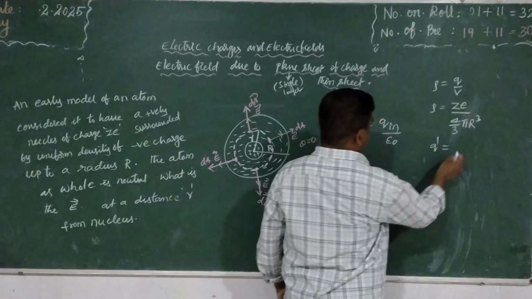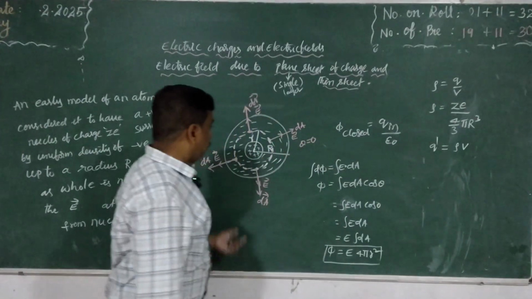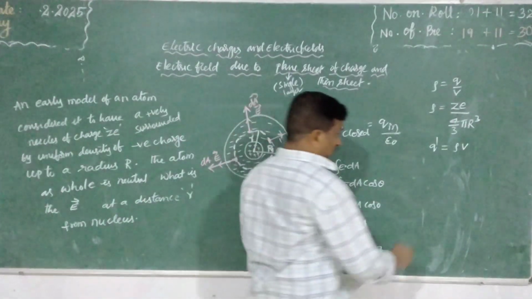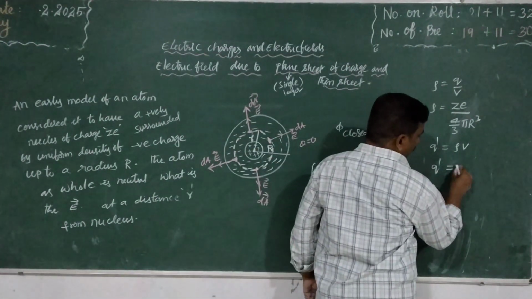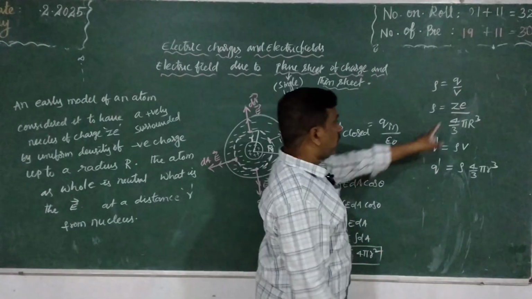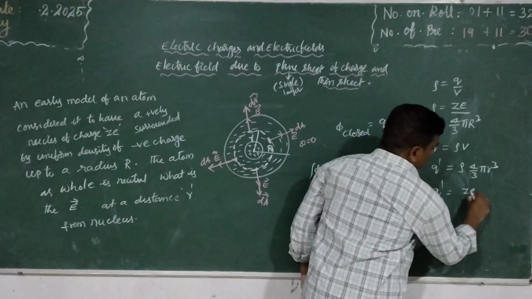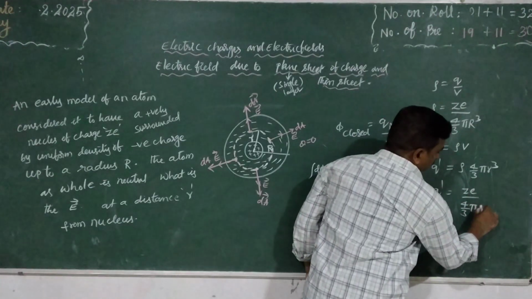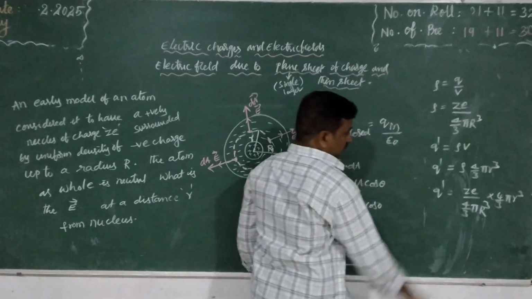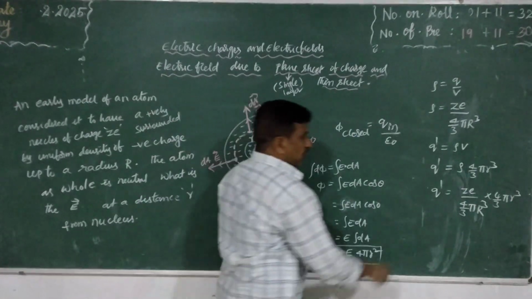Q dash is rho into V. What is the volume of this one? 4/3 π r³. So Q dash equals rho into 4/3 π small r³. Rho is Ze by 4/3 π capital R³, so Q dash equals Ze by 4/3 π R³ into 4/3 π r³. Here the nucleus has plus Ze, so the remaining charge is negative, and that's why we write it as negative.